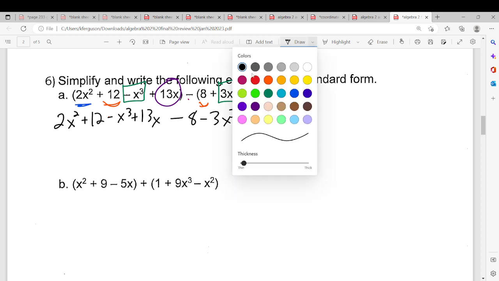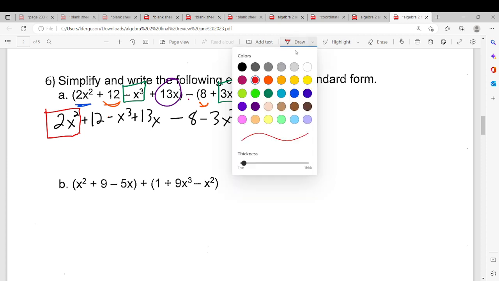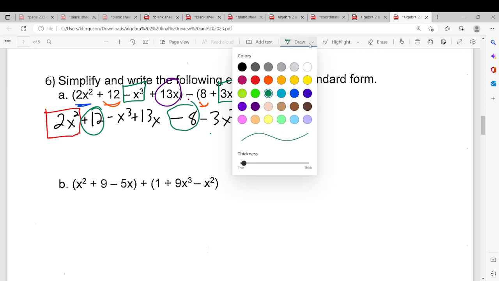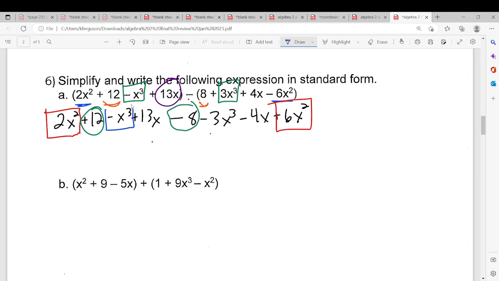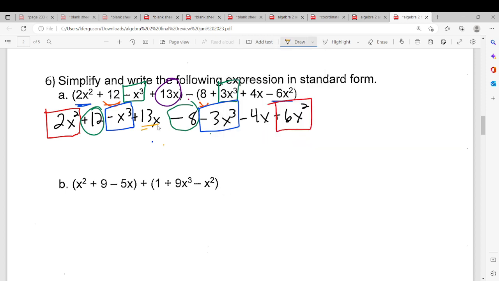Now I'm going to put my variables together. So my x squareds are going together. My constants are going together. My x cubes are going together. And my x's are going together.